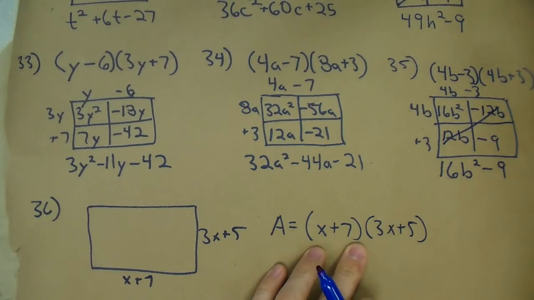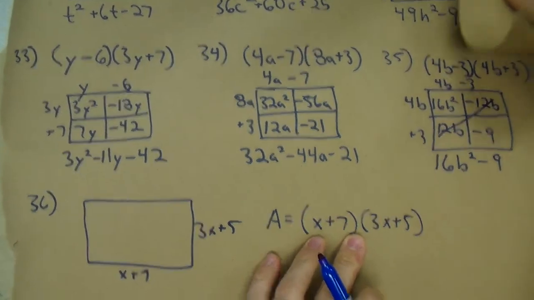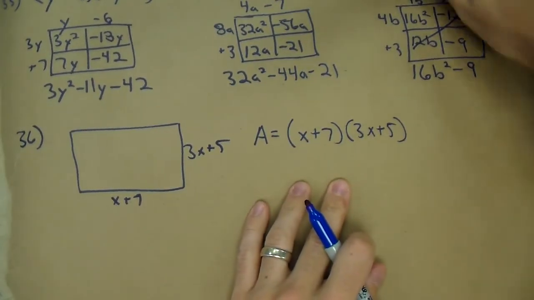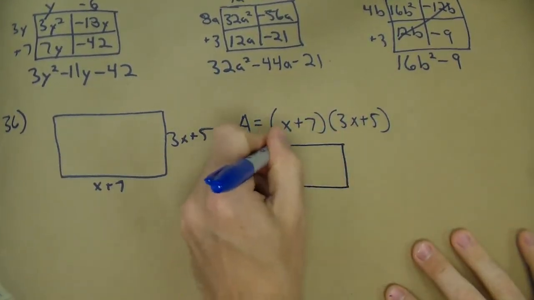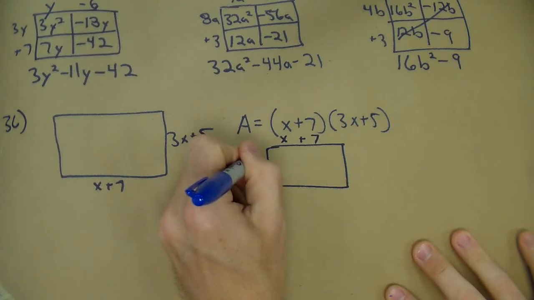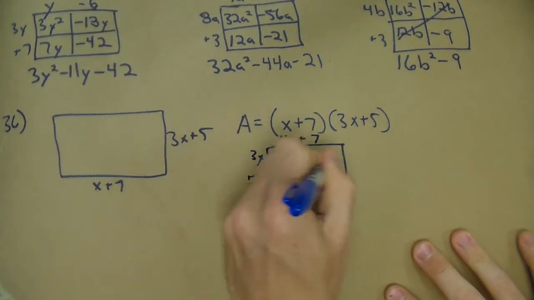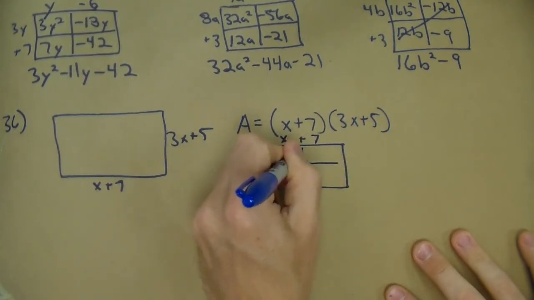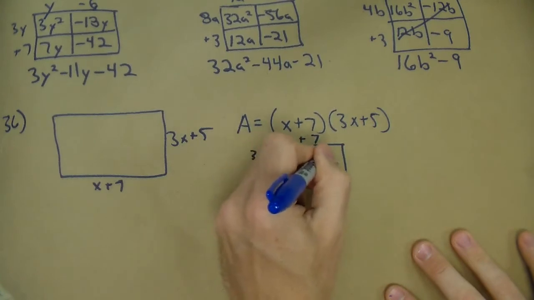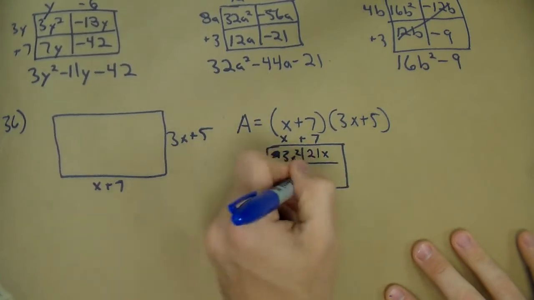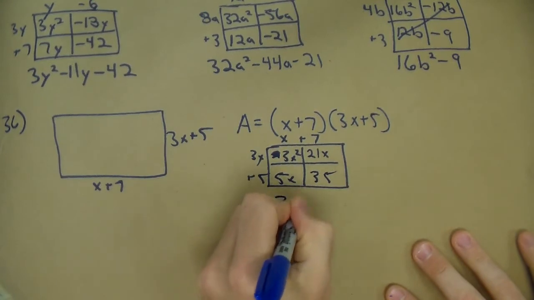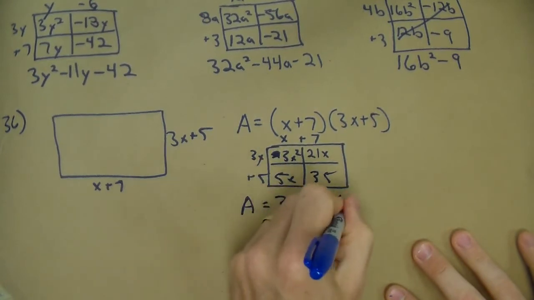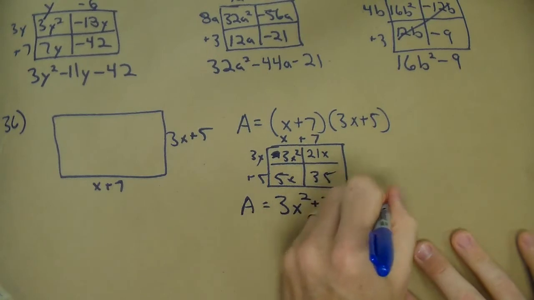Now, if we wanted to represent it as a polynomial, we're then going to go through and multiply. So x plus 7, 3x plus 5, we get 3x squared, 21x, 5x, and 35. So our area would also be represented as 3x squared plus 26x plus 35.